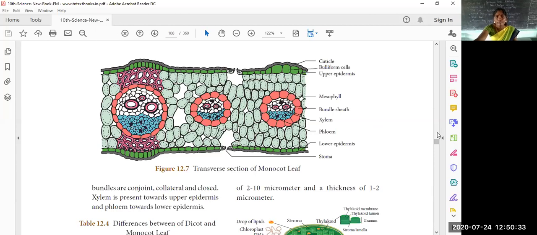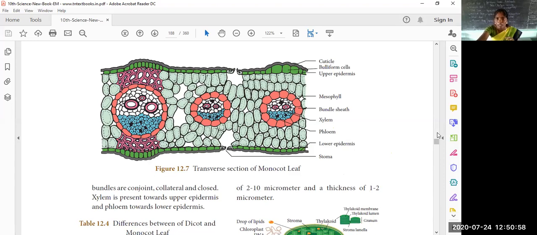If you see the diagram, the upper epidermis and lower epidermis are more or less similar, both having stomata. There is no difference between palisade and spongy parenchyma. These cells are parenchymatous, irregularly arranged, with intercellular spaces present. Here is the cuticle.